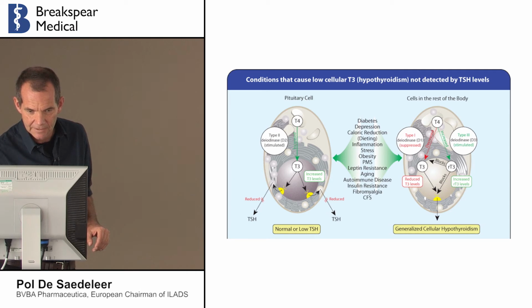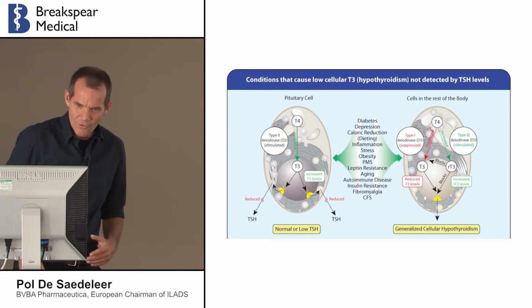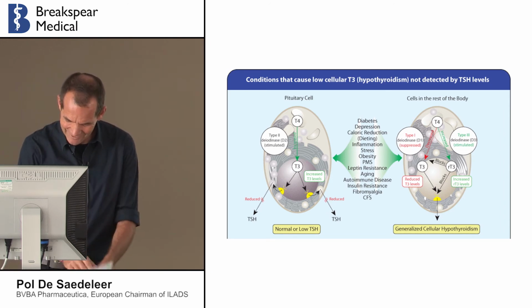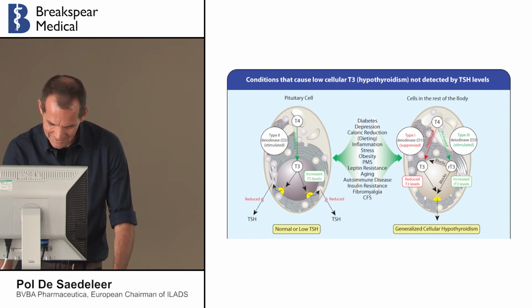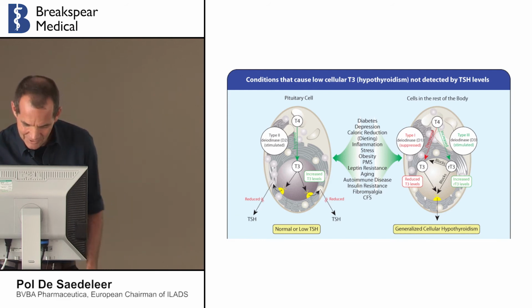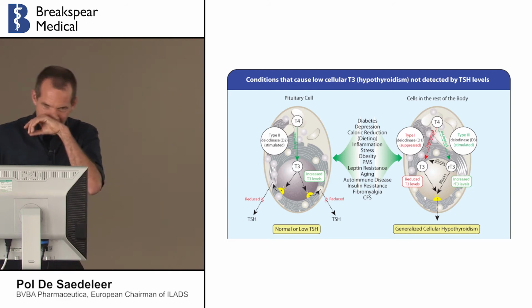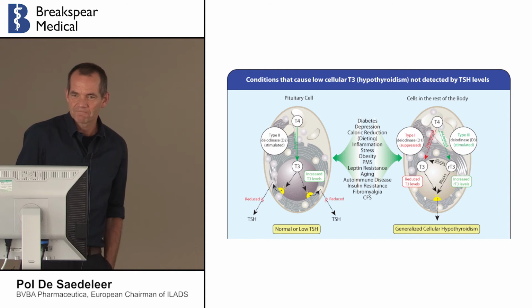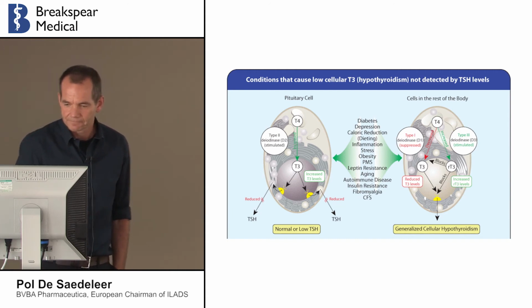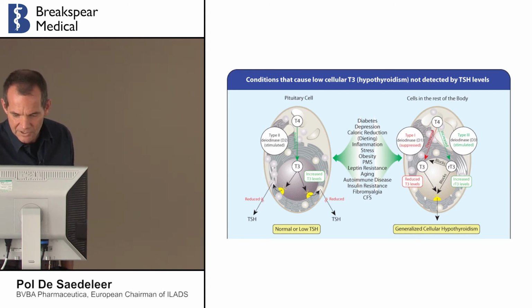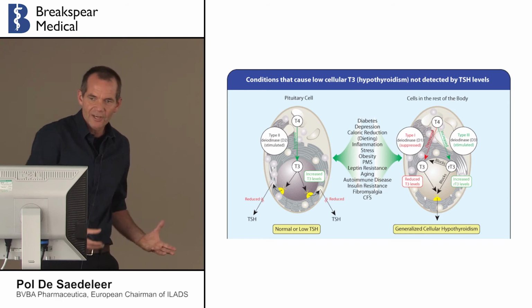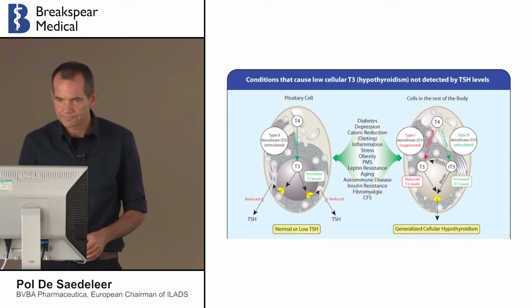Now I think, yeah, this one. I'm happy I found it because it's a very important one to explain how the system works. This is the situation we have in multi-infectious disease, in autoimmunity.